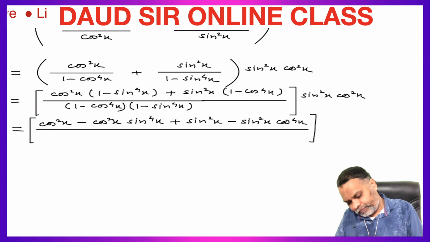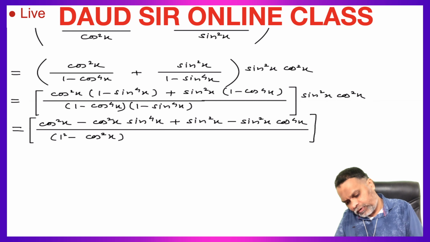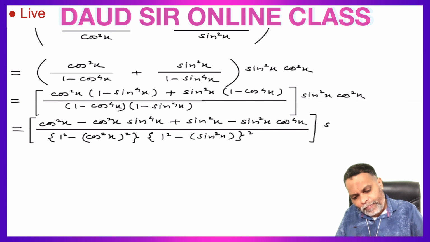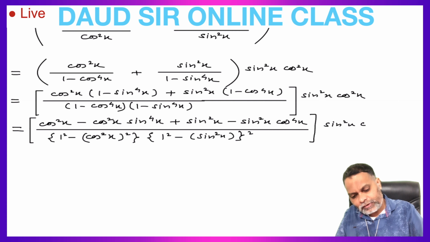We can write 1 square minus cos square x whole square, into 1 square minus sine square x whole square, into sine square x into cos square x.